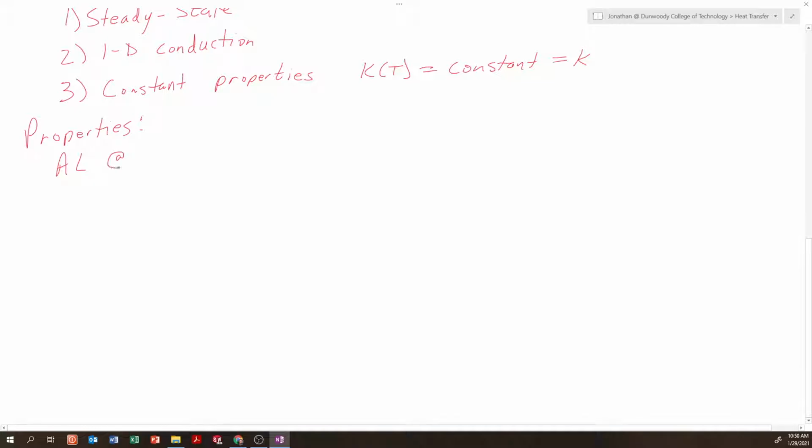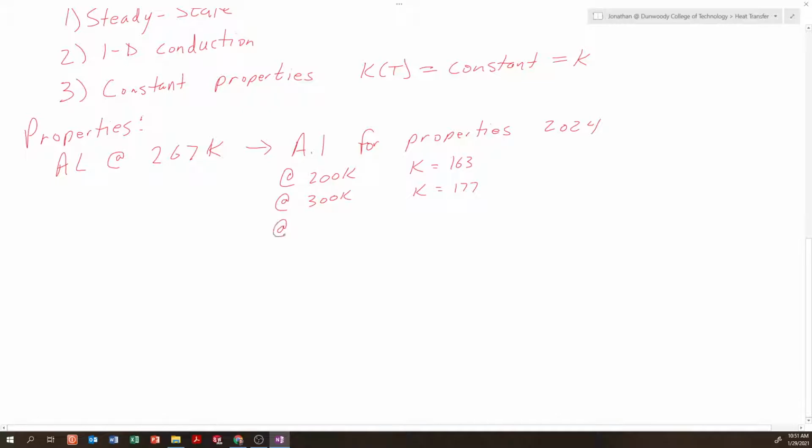I'm going to say that's at 267 K. If I look in the book, table A1 for properties of 2024 aluminum, at 200 K our conductivity is 163, and at 300 K it is 177.